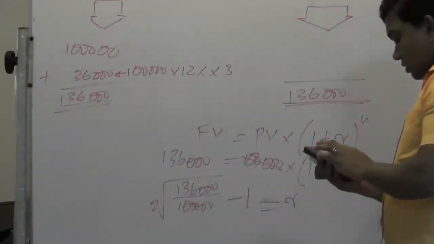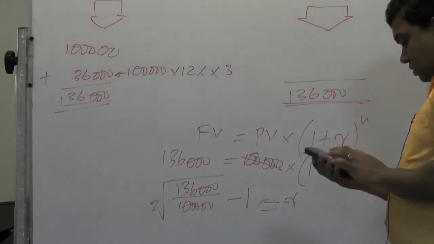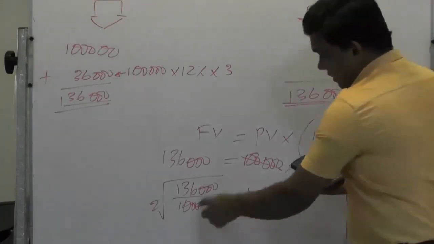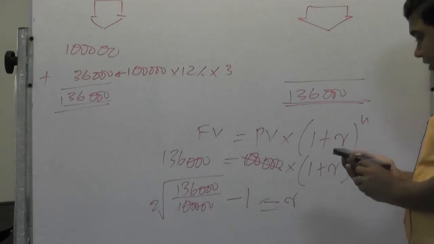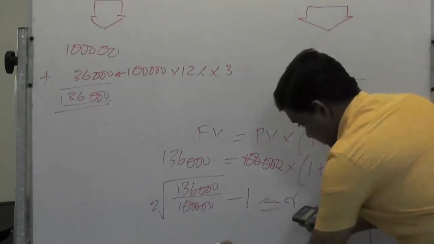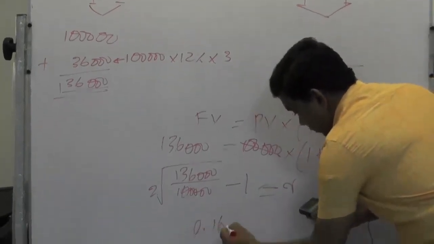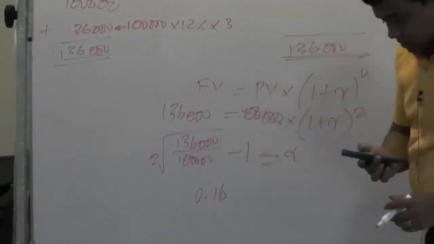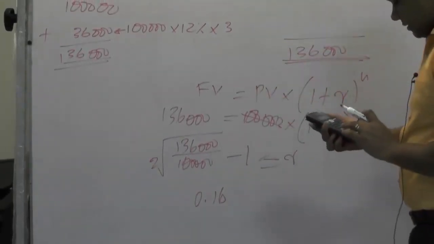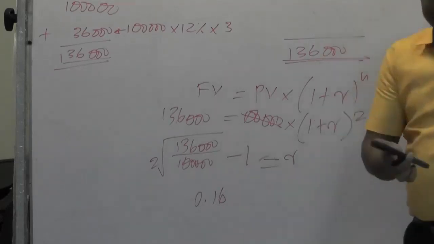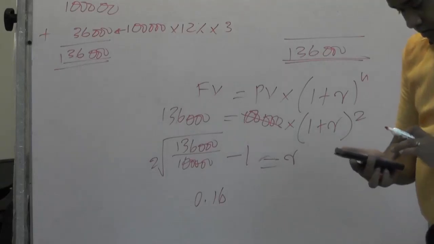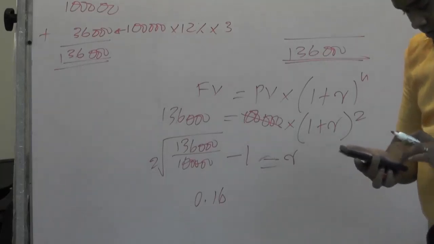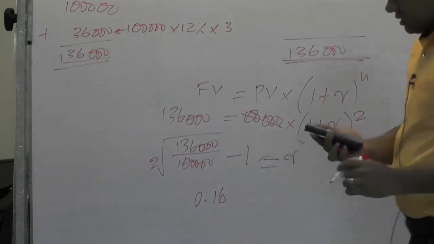Square root of 1.36, once you divide this, 1.36, minus 1, that is 0.1662, right?